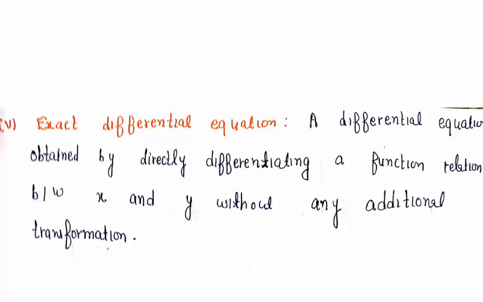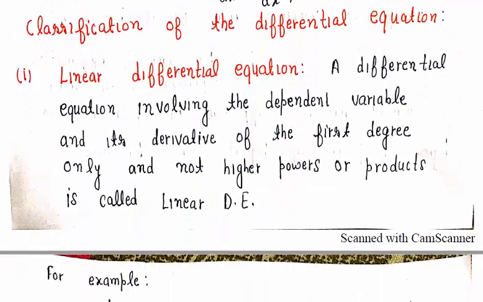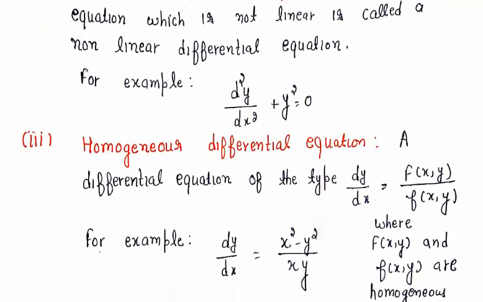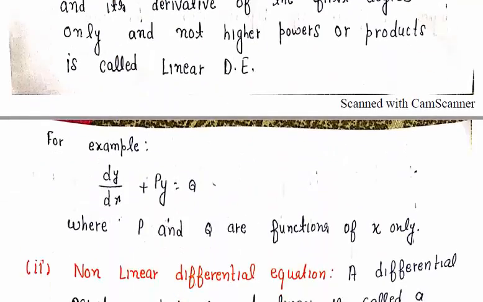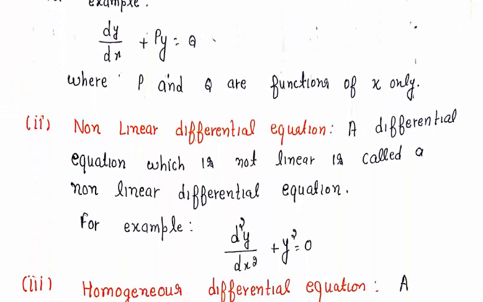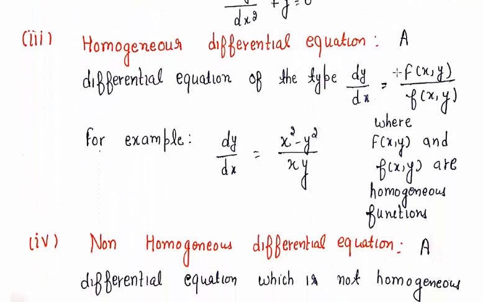So these are the 5 types of differential equation. First is linear differential equation. Second is non-linear differential equation. Linear means it involves the dependent variable and its derivative in first degree only. Non-linear is which is not linear. Homogeneous is of the form dy over dx equals F of xy over f of xy, where these two are homogeneous functions.